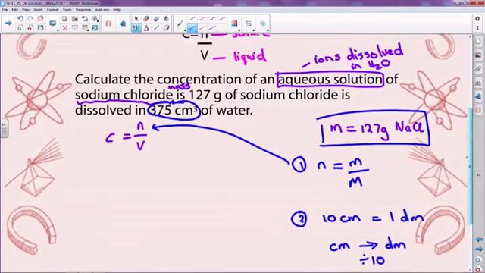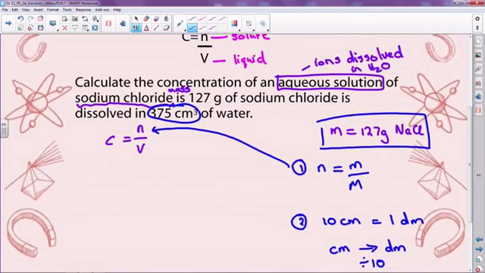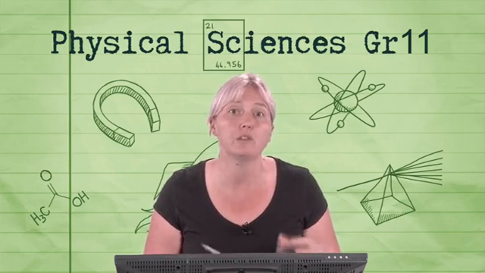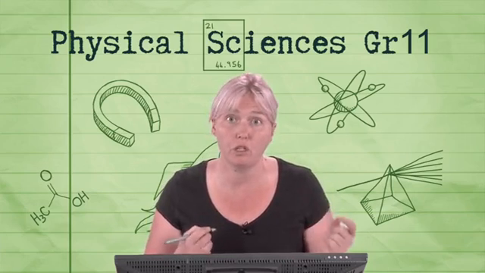Starting with calculating number of moles. Moles equals mass over molar mass. Now, I don't have a periodic table on the board with me, but I know that you've got it in your class, and I've got one next to me, and we're going to talk about the masses of sodium and chlorine.